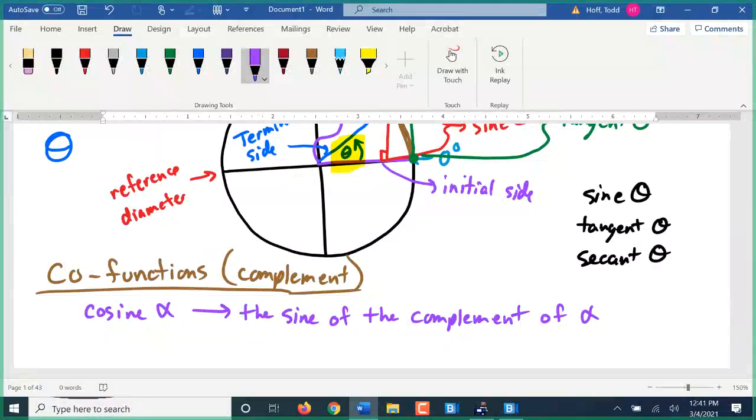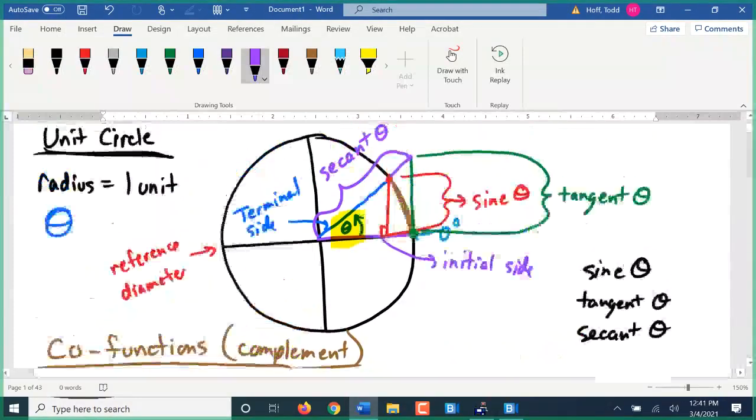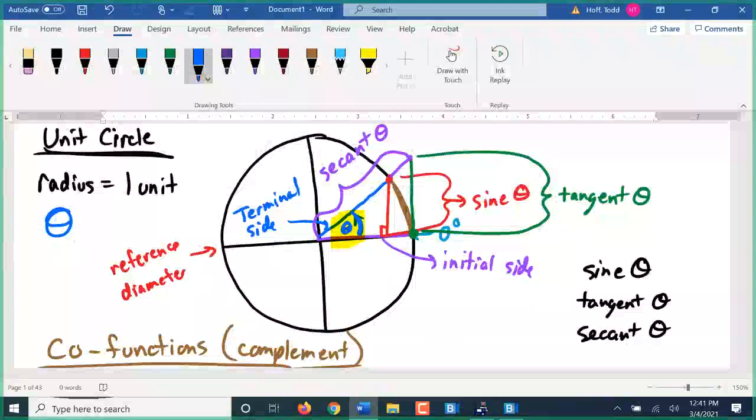Well, where in our diagram up here would we find the complement? Since this is our angle theta down here, and we know that if we have a horizontal line and a vertical line, they form a right angle with each other. So that angle right there has to be a right angle. This angle up here is the complement of theta. So this is the main reference diameter, as we saw labeled over here.